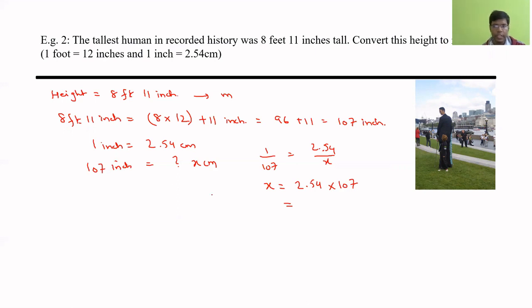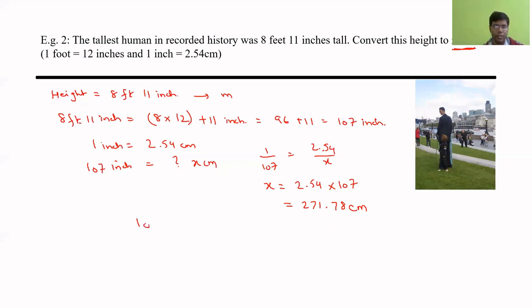So this we get as 271.78. So what are the units again? This unit is centimeters. So the height of that person is 271.78 centimeters. But he wants us to convert into meters. He doesn't want it in centimeters.